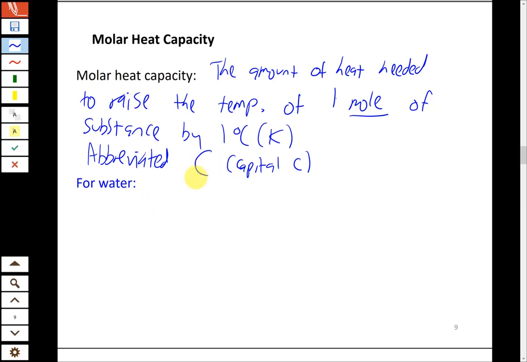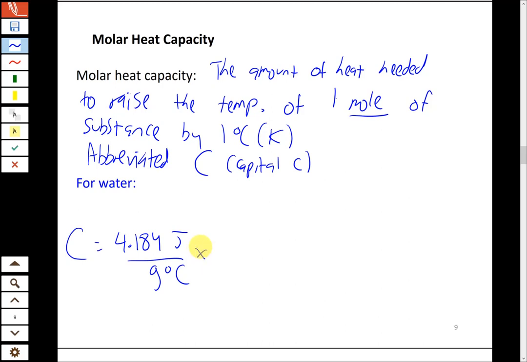The nice thing is, because we know the relationship between grams and moles, we can always calculate one from the other. If we're given a specific heat capacity and we need the molar heat capacity, we can calculate it, or vice versa. So as an example, if we want to do it for water, we told you on the last slide that the specific heat capacity for water is 4.184 joules per gram degree Celsius. So if we want to do this per mole instead of per gram, we just need to convert grams into moles.